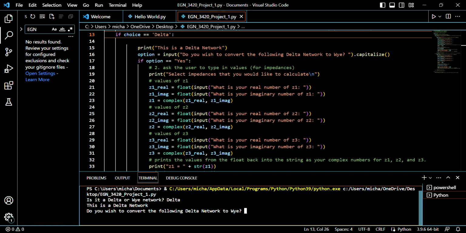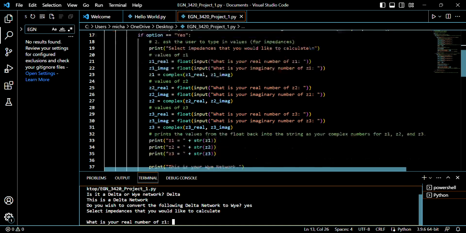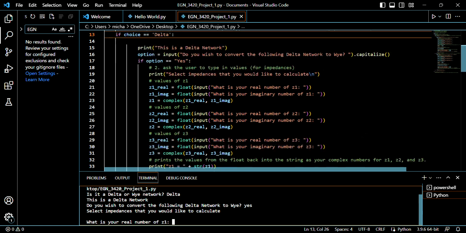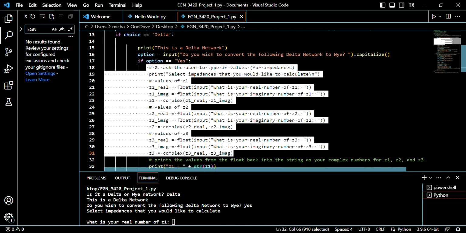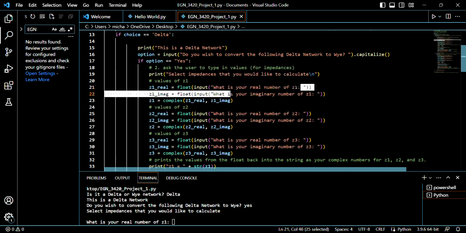Just to clarify that I want to convert it, I asked, do you wish to convert the following from delta to Y network? And I say yes. Then going down here, if yes, then I will do these three: inputting the values, the real numbers, and then the imaginary, and then the complex numbers.